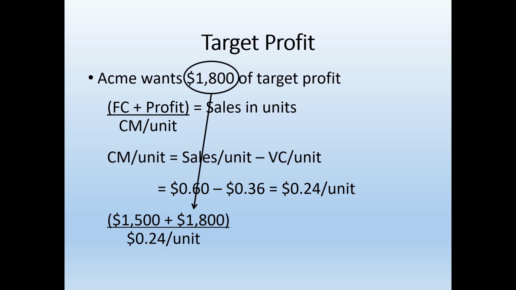This formula says that we need to sell enough units, each contributing 24 cents of contribution margin, to cover $1,500 of fixed costs and give us $1,800 of profit.